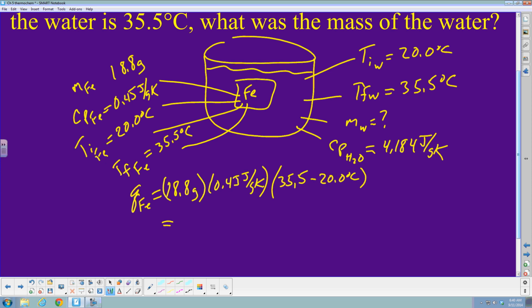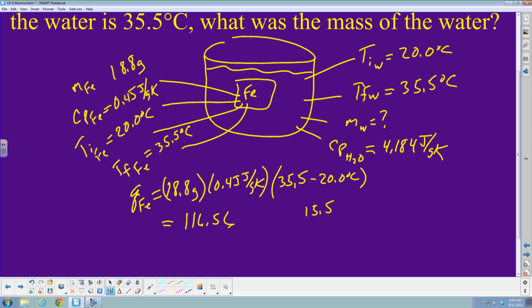What's my calculation here? 35.5 minus 20, and out of that I'm going to get 15.5, so that means I still have 3 sig figs, times my 0.45 times 18.8, and my answer is 116.56.